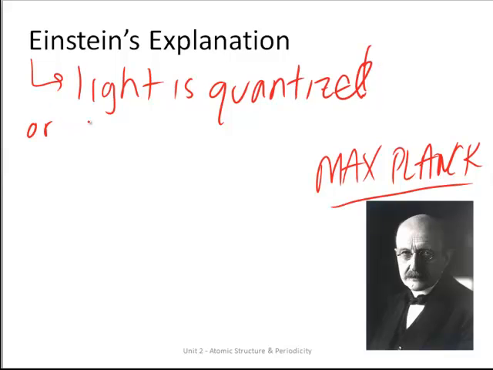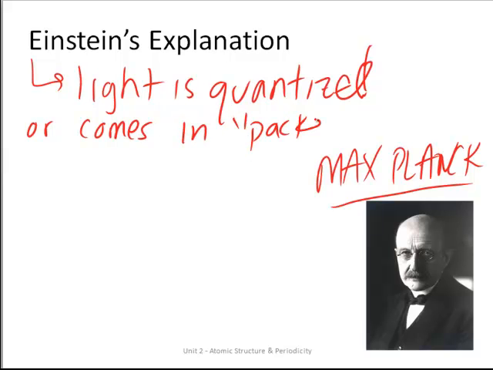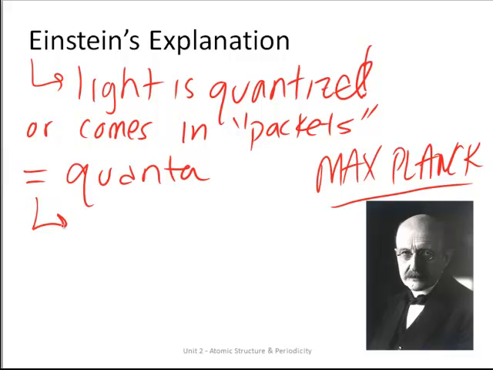Light comes in small packets. He called these packets quanta. And that has given way to a more popular name for the packet of light, and that is the photon.